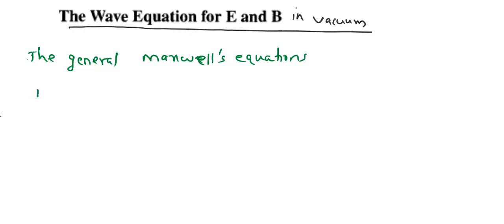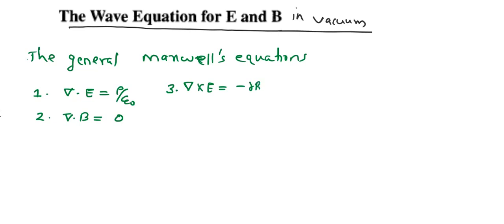The first equation is del dot E is equal to rho by epsilon 0, and the second equation is del dot B is equal to 0, and the third equation is del cross E is equal to minus dou B by dou t, and the fourth equation is del cross B is equal to mu 0 into J plus mu 0 epsilon 0 dou E by dou t.